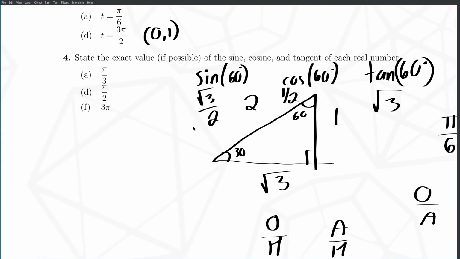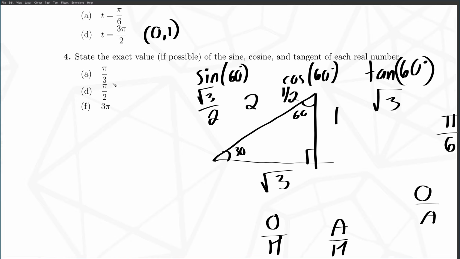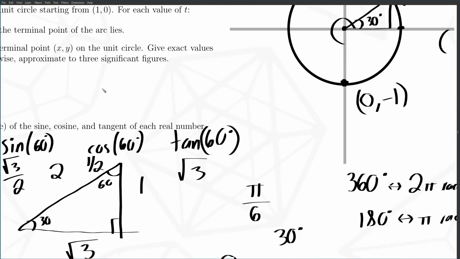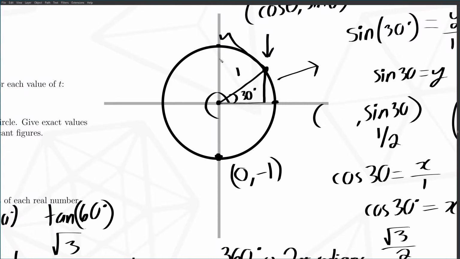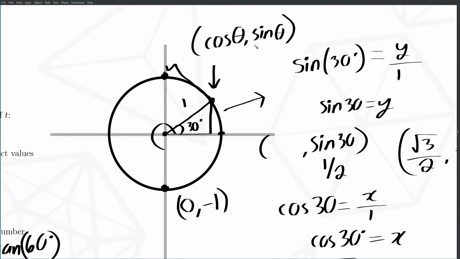Okay, so let's try this next one here. Pi over 2, find the sine, cosine, and tangent. Drawing this one is a little strange, so let's go back to the unit circle and see if that can help us. Remember that we can represent degrees and radians here on the unit circle by following this dot. As I mentioned before, if we just turn 90 degrees here to get pi over 2, the height is going to represent the sine, as we found earlier, and the x is going to be the cosine.